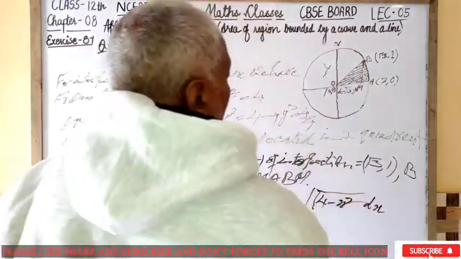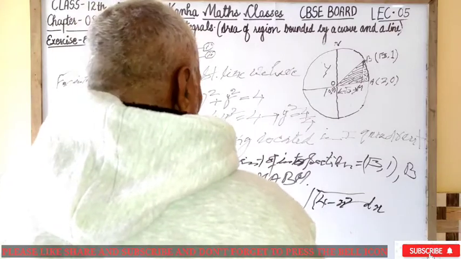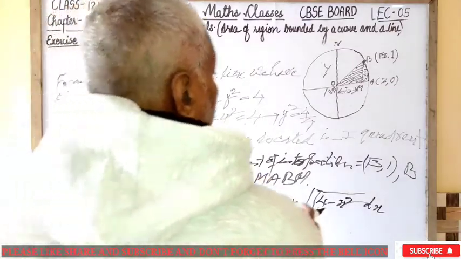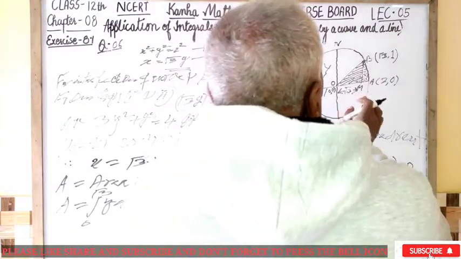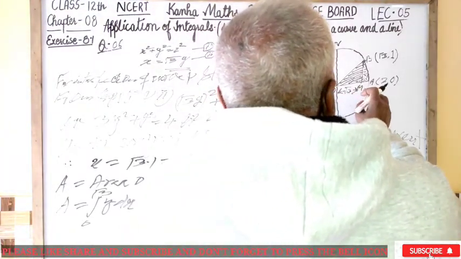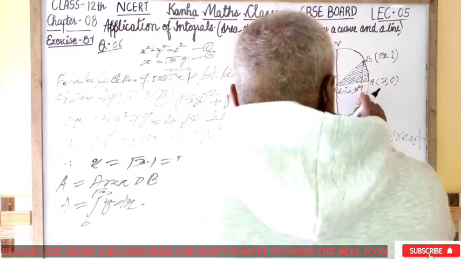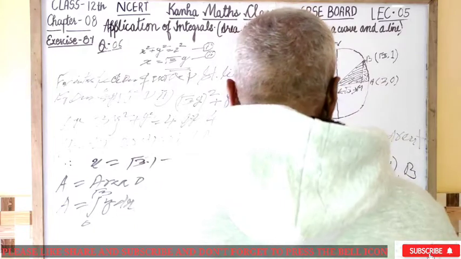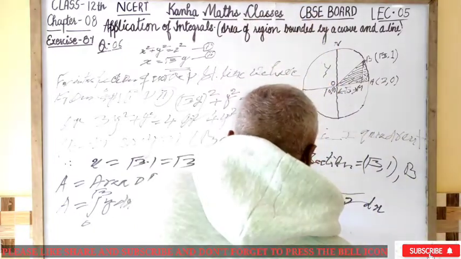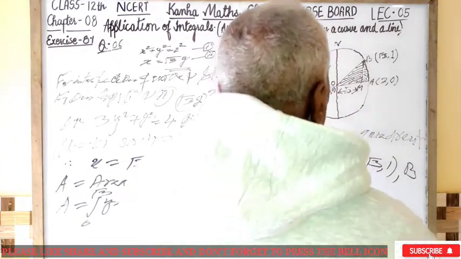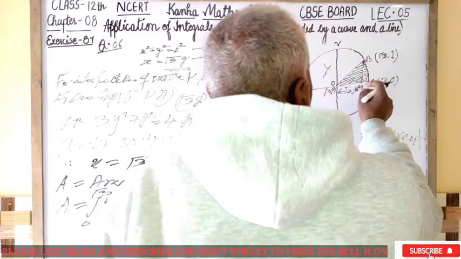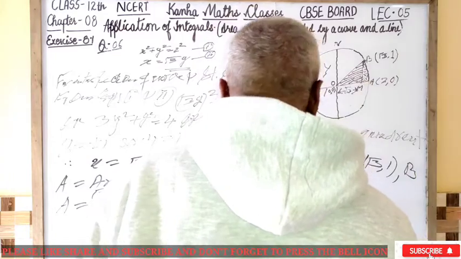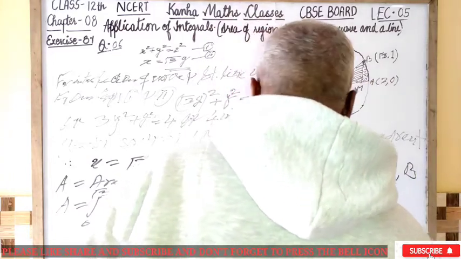The lower limit for the second area MABM will be root 3, and the upper limit, that is OM to OA, will be equal to 2.